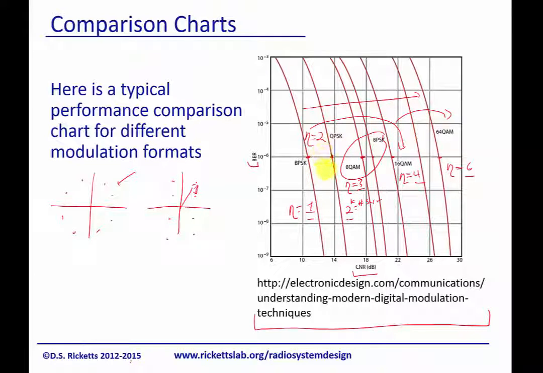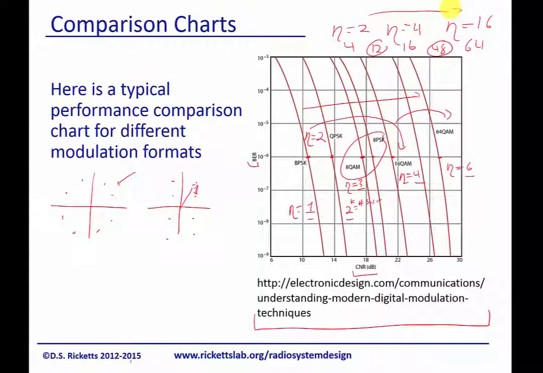But if you noticed, we go from 2 to 4, and then 4 to 6. Eta equals 2 had 4 symbols, and eta equals 4 had 16 symbols, so the difference is 12. But if I go to eta equals 6, I now have 64 symbols, and the difference is 48. The reason I'm showing you this is, as you go up in modulation scheme, it's not linear.